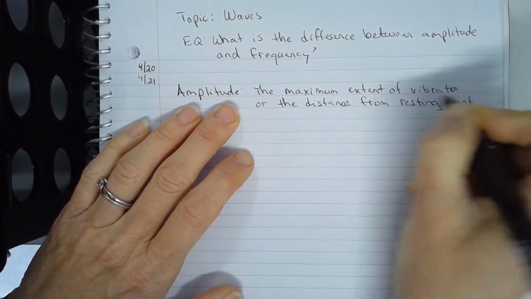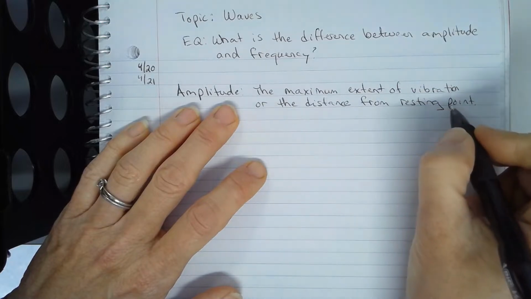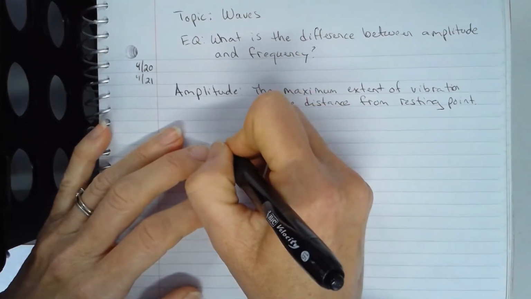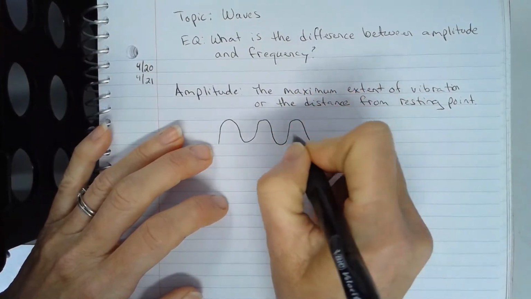In our class, we're really going to look at this, the maximum distance from resting point. So we're really going to just look at amplitude in reference to a transverse wave.